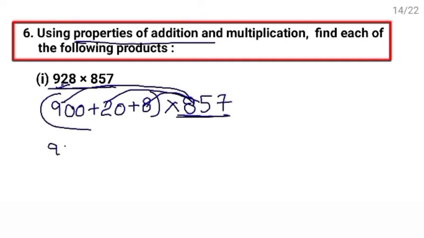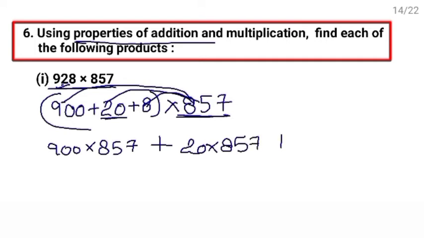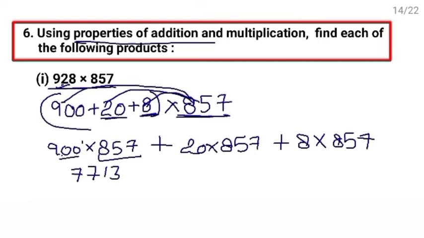So this number will be distributed to all the numbers inside the bracket. So 900 will be multiplied by 857, plus 20 will be multiplied by 857, plus this 8 will be multiplied by 857. Multiply this 9 by 857. What do you get? 7730. How many zeros were there? 2. So put 2 zeros. Plus, when you multiply this 2 by 857, what do you get? 1714.